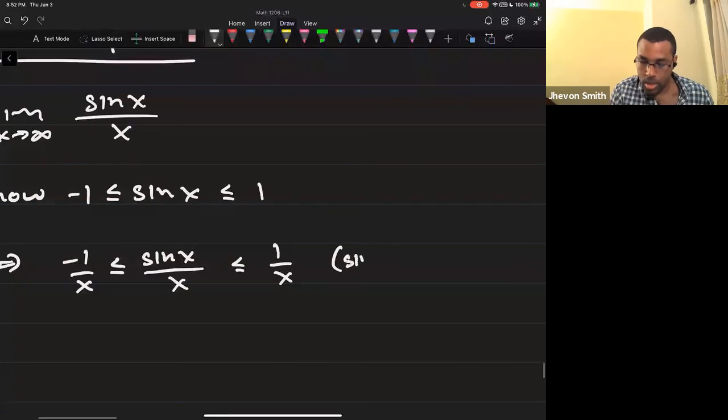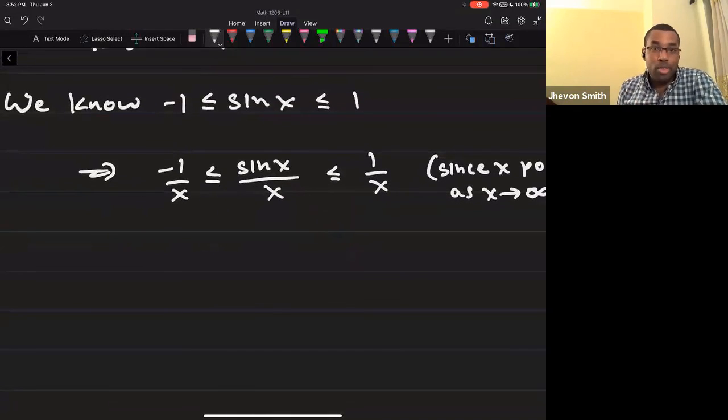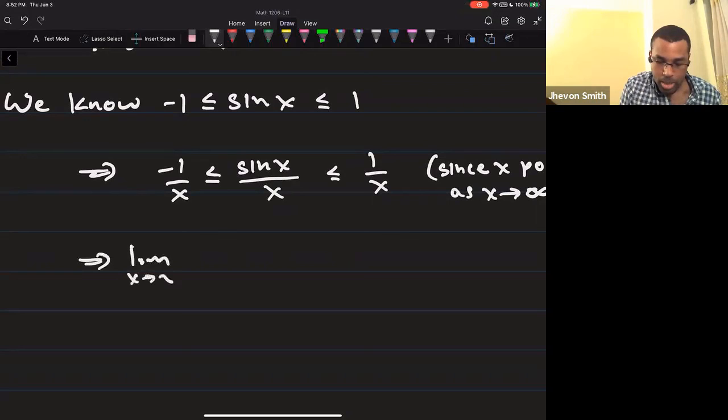Since x is positive as x is going off to infinity. When you divide by a positive number in an inequality, the inequality stays the same. So now I have three functions that are in line, like my f, g, and h from the squeeze theorem. So that tells you that I can hit all of these guys with the same limit.